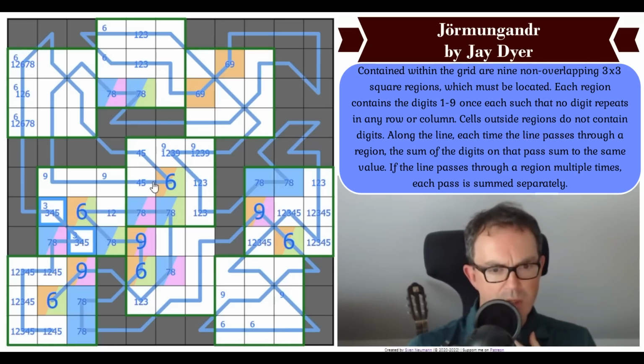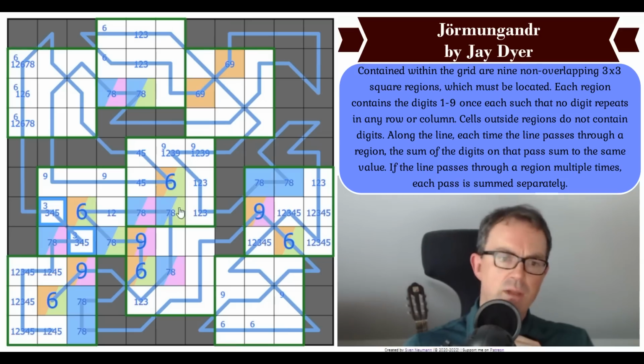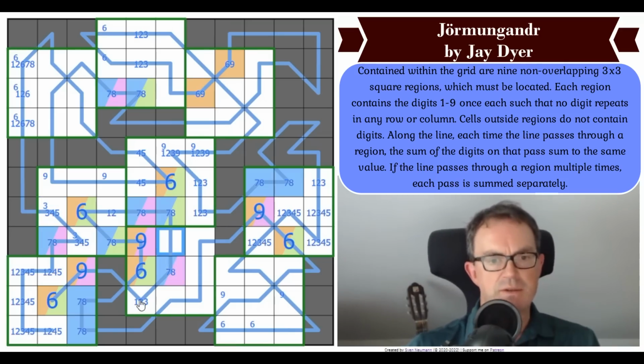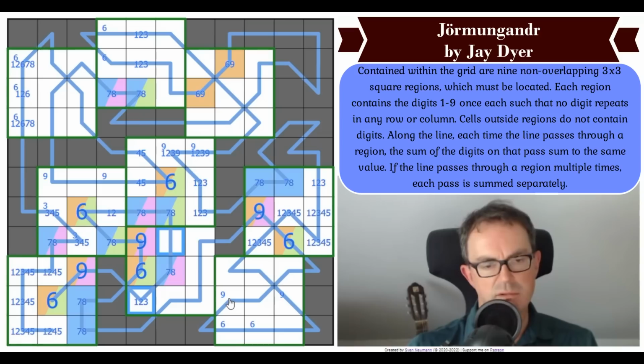Right, okay, so what else is it that I'm meant to be appreciating about this? It's going to be that this digit is a 7 or an 8, so these two cells have to add up to 7 or 8. Is that helpful? Not really.